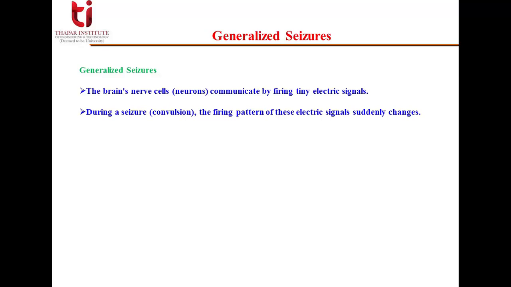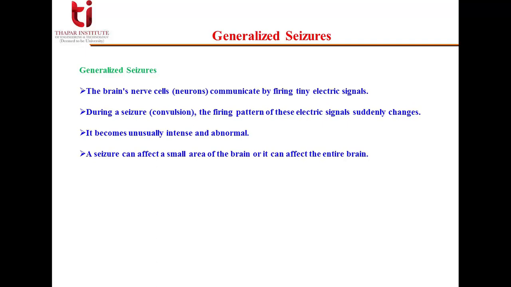Now we will see the different kinds of disorders. Here we will mainly talk about generalized seizures. The brain's nerve cells, that are neurons, communicate by firing tiny electric signals. During a seizure or convulsion, the firing pattern of these electrical signals suddenly changes. It becomes unusually intense and abnormal.